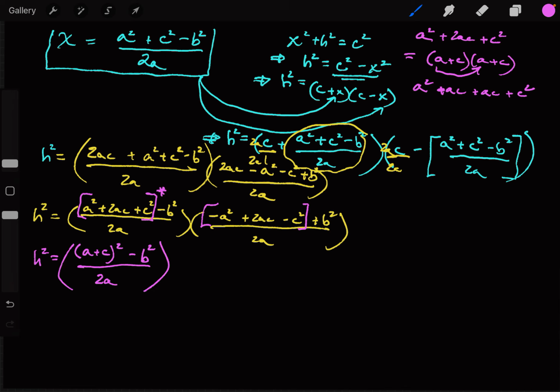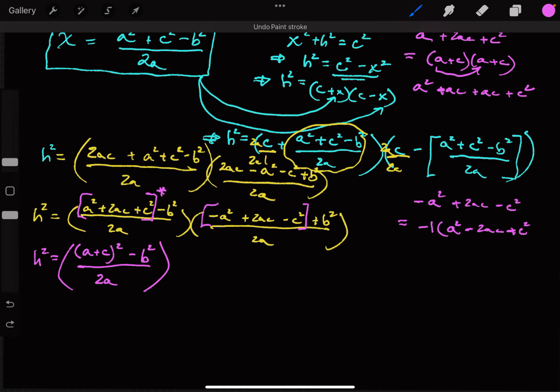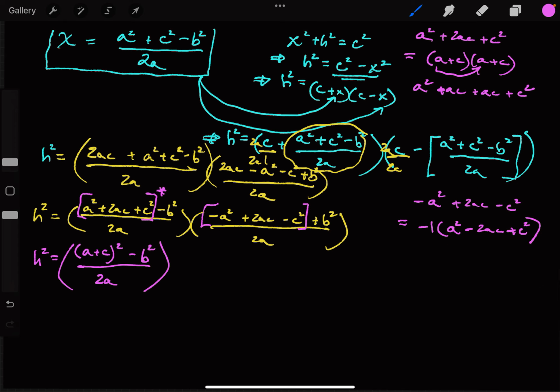And then similarly, if we investigate this one, negative a squared plus 2ac minus c squared. Okay, that's the same thing as negative 1 times a squared minus 2ac plus c squared, and that's much more easy to factor. That's a much more understandable thing to factor than the minus in the front. So negative 1, right?